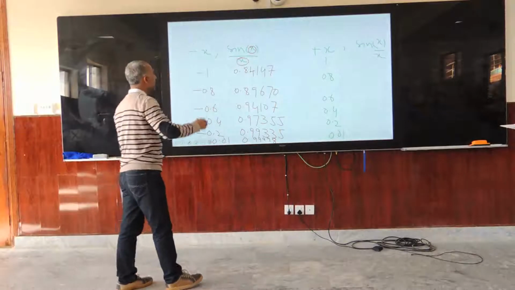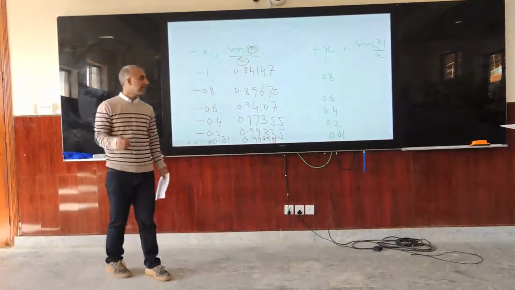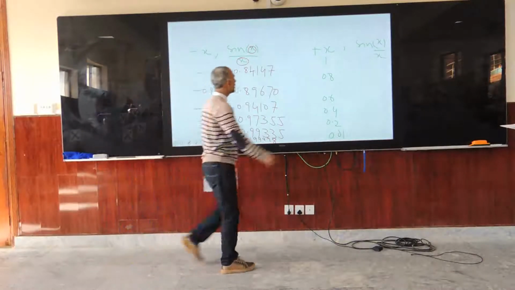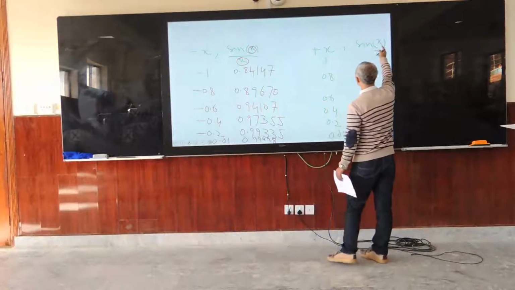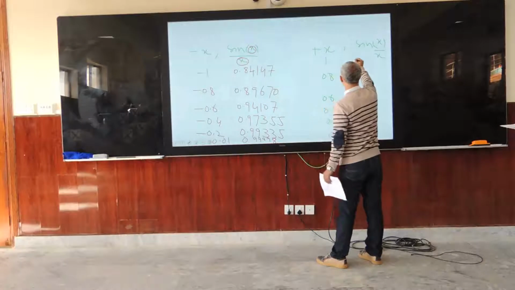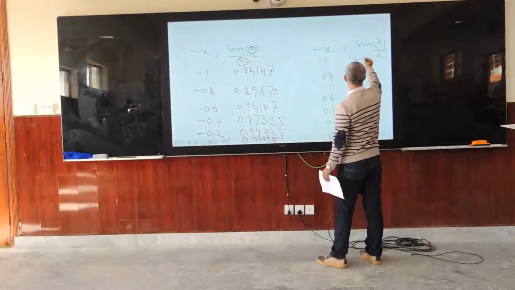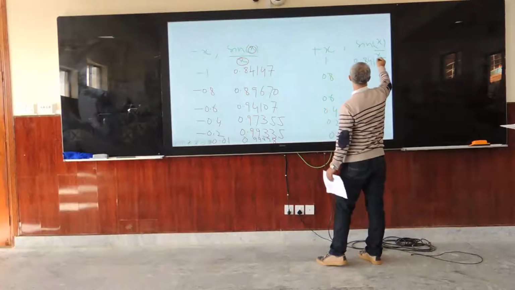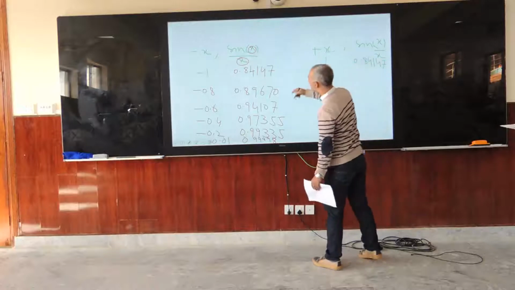You can check the output on your calculator and verify it. Once you substitute x as positive 1, you get 0.84147.